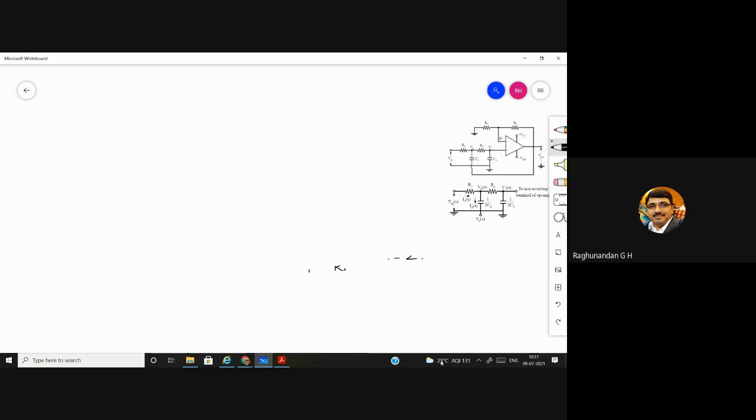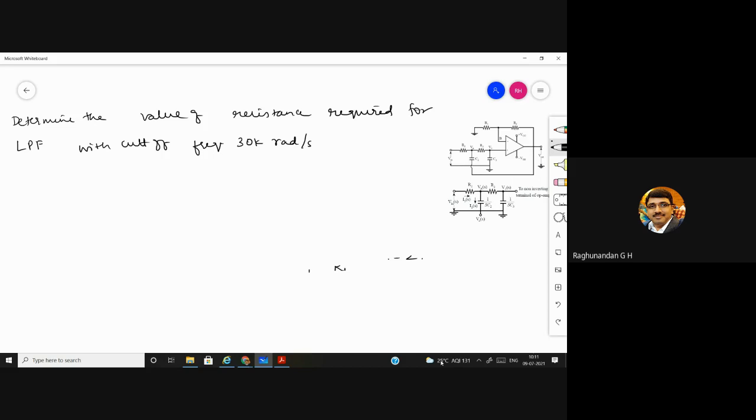Take up one more problem. So determine the value of resistance required for low pass filter with cutoff frequency 30k radians per second and capacitor value 0.001 microfarad.